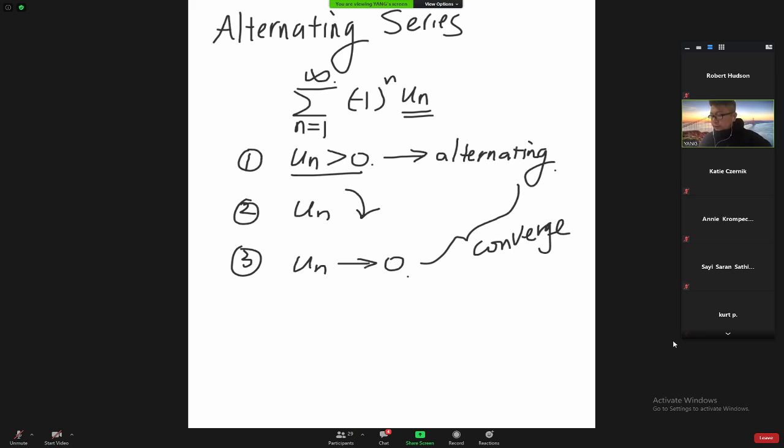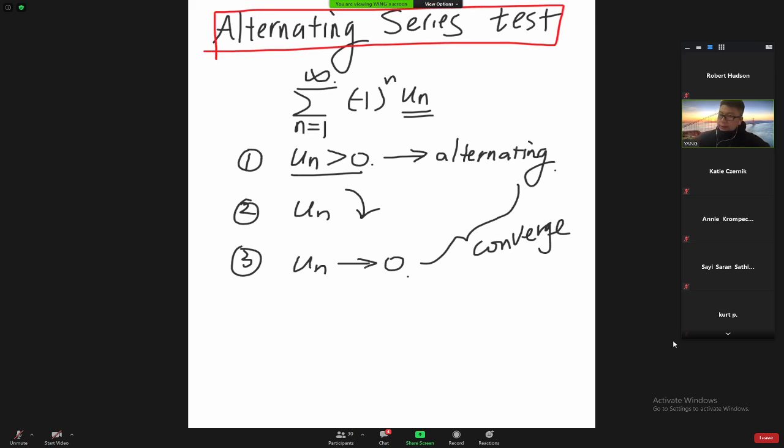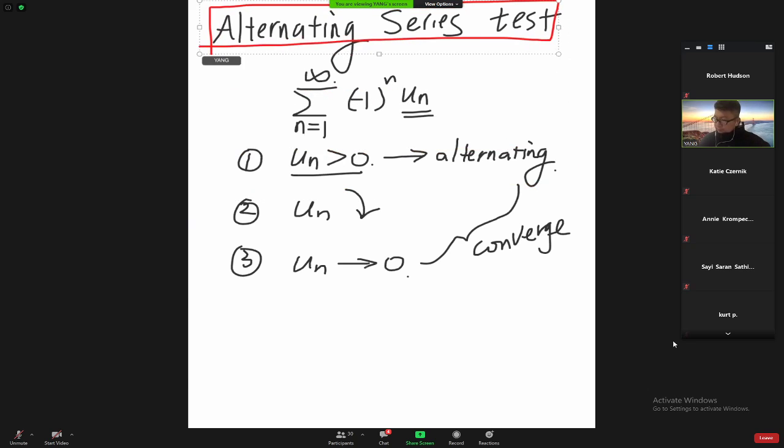This is the so-called alternating series test. To get more of an idea, let's do some examples.